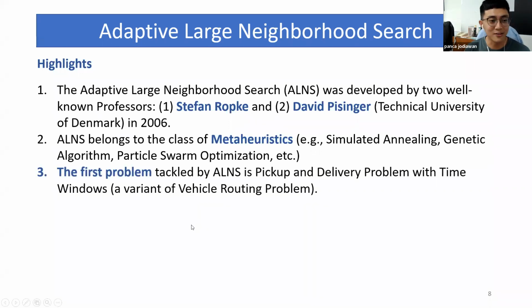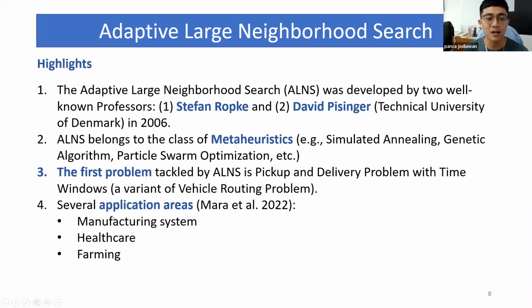Then the third one, the first problem tackled by ALNS is the pickup and delivery problem with time windows. This is a variant of the vehicle routing problem. And then the fourth one, since many researchers have seen the excellence of ALNS, a lot of researchers have tried to develop their own ALNS to solve many problems in several application areas.